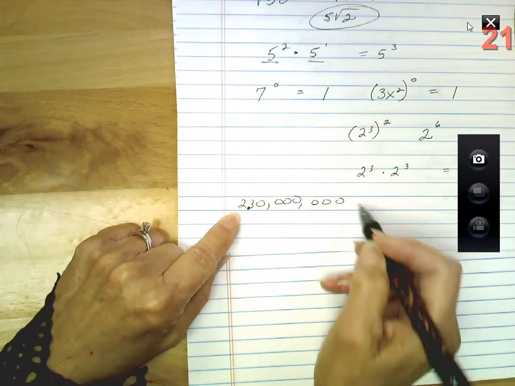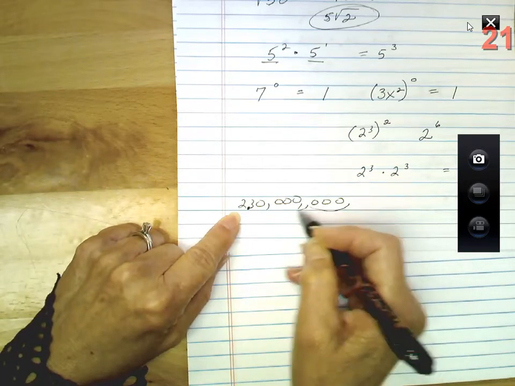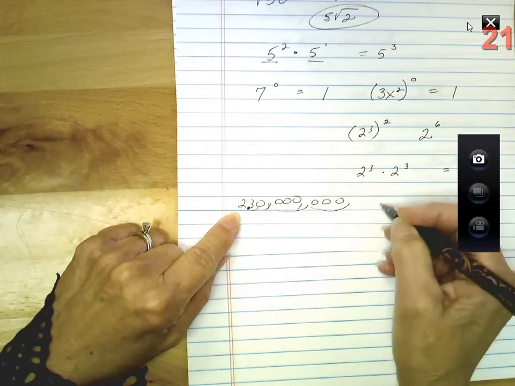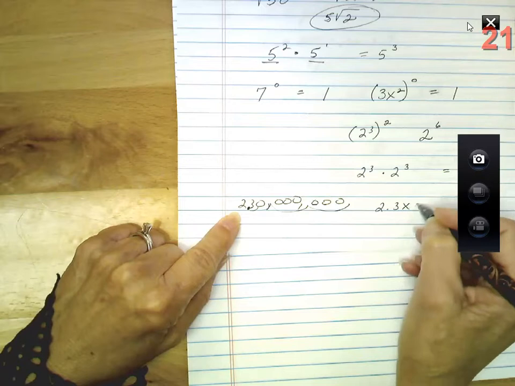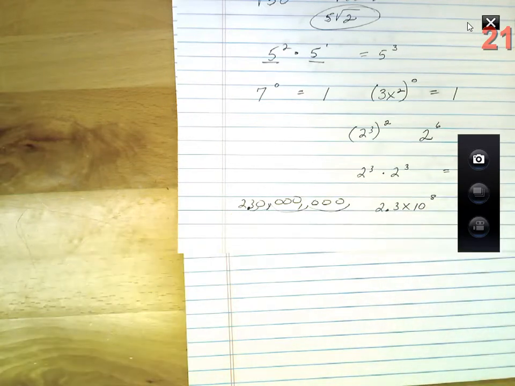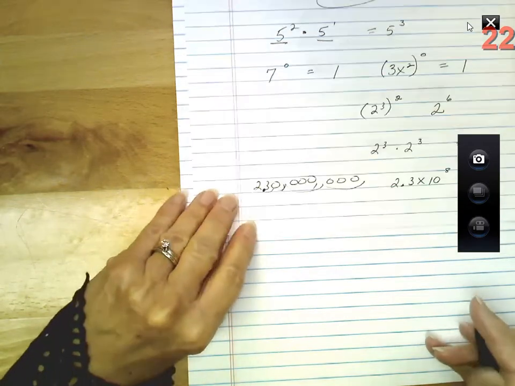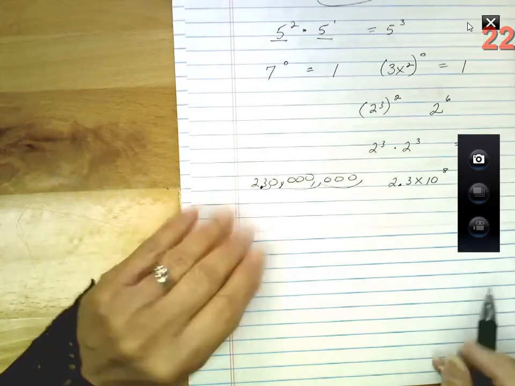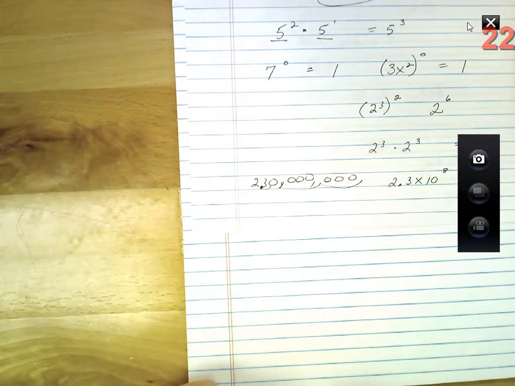And I moved it from here, 3, 6, 7, 8. So 2.3 times 10 to the 8. Okay? Then you had problems where you did them backwards. Now notice if you have something like 10 to the negative 4, then that means it is going to be a tiny number or a small number or a fraction.